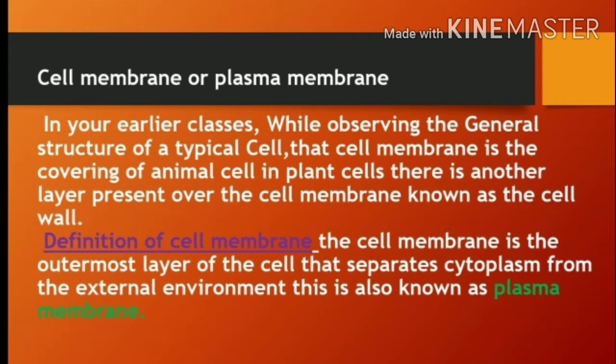While defining, the cell membrane is the outermost layer of the cell that separates the cytoplasm from the external environment, and it is a flexible membrane made up of mainly lipids and proteins.